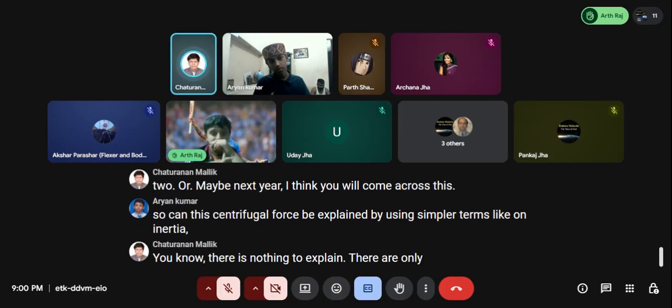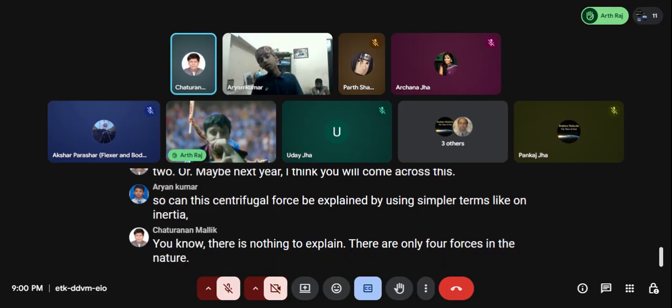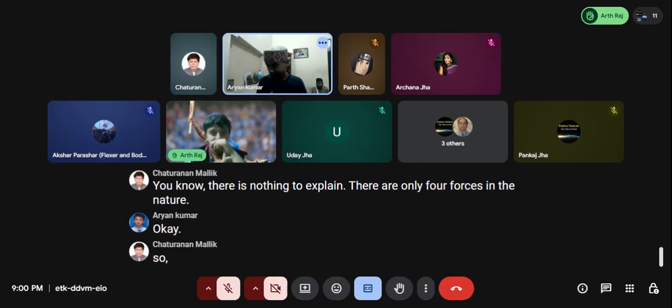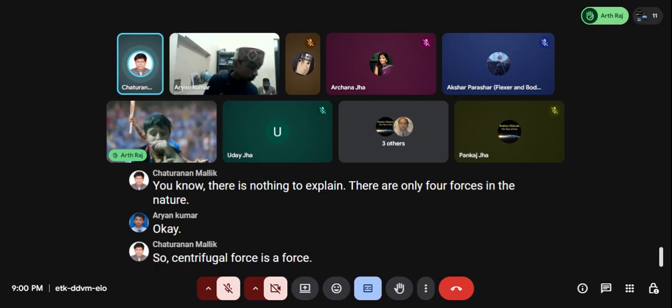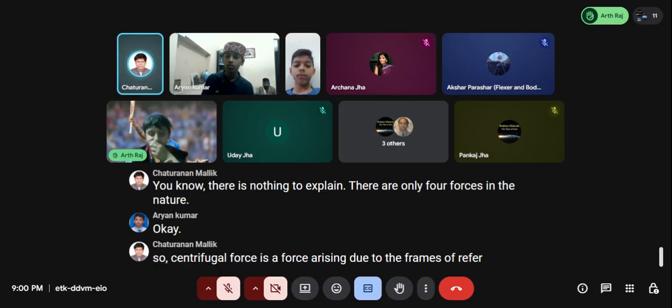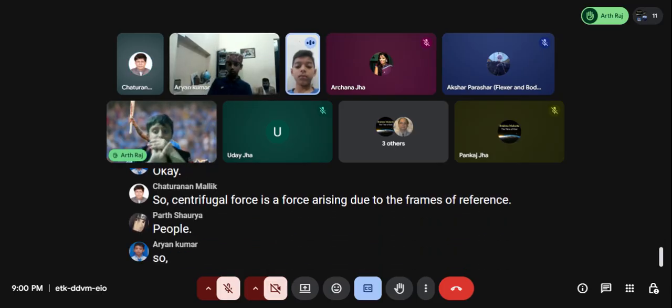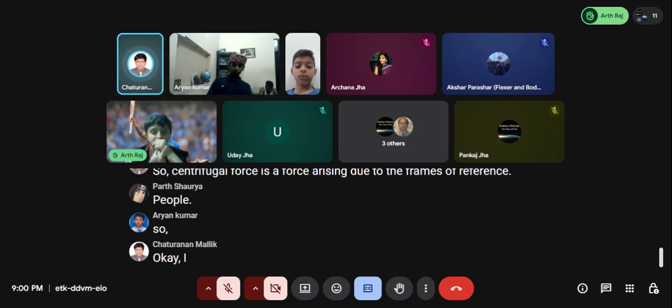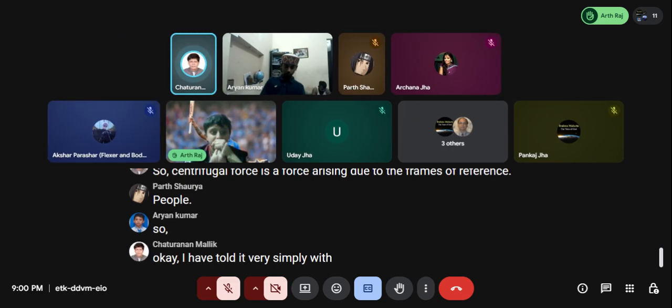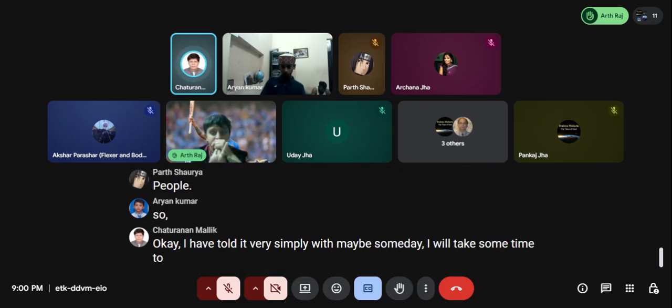There are only four forces in nature. So centrifugal force is a force arising due to the frames of reference. I have told it very simply, but maybe someday I will take some time to explain more about it.